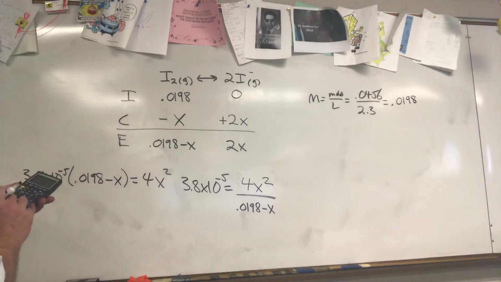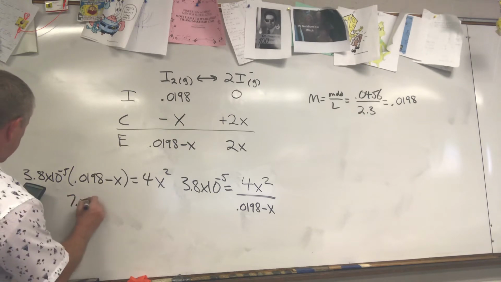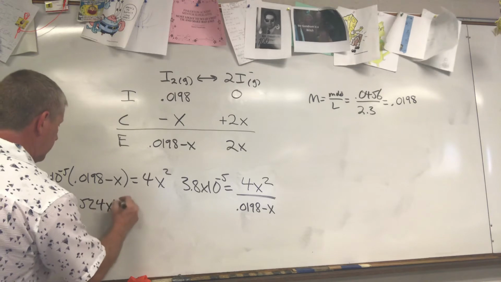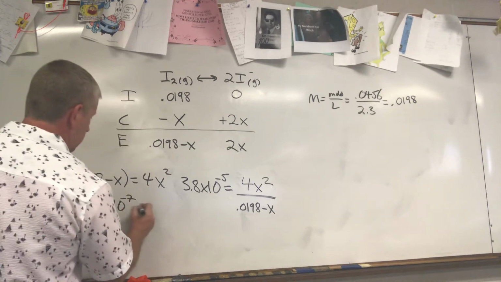Okay, 0.00038 multiplied by 0.0198, enter. 7.524 times 10 to the negative 7th. I just multiplied those.